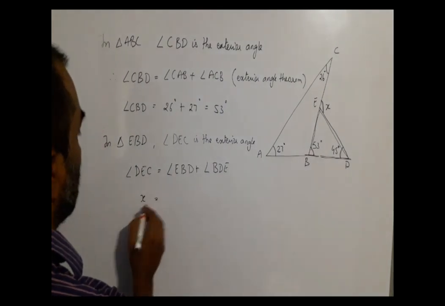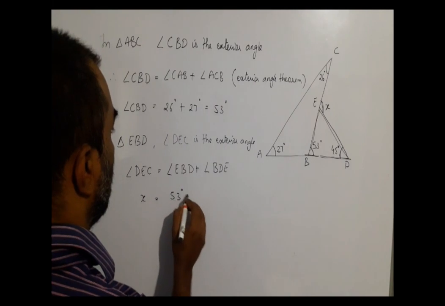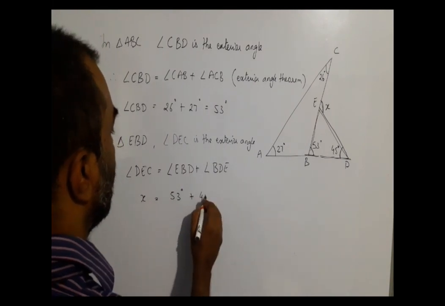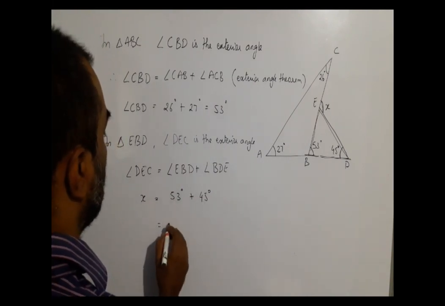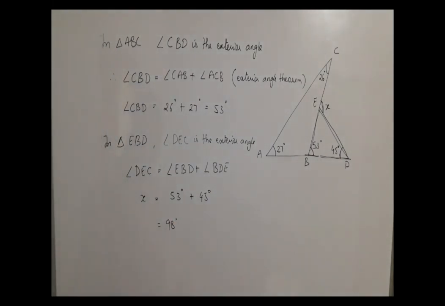DEC is nothing but X, which you have to find. EBD is 53 degrees, BDE is 45 degrees, so 53 plus 45 is 98 degrees. So we have got angle X to be 98 degrees. We did this sum using the exterior angle theorem. So I have done one sum for you based on the angle sum property of a triangle, and one sum based on the exterior angle theorem.